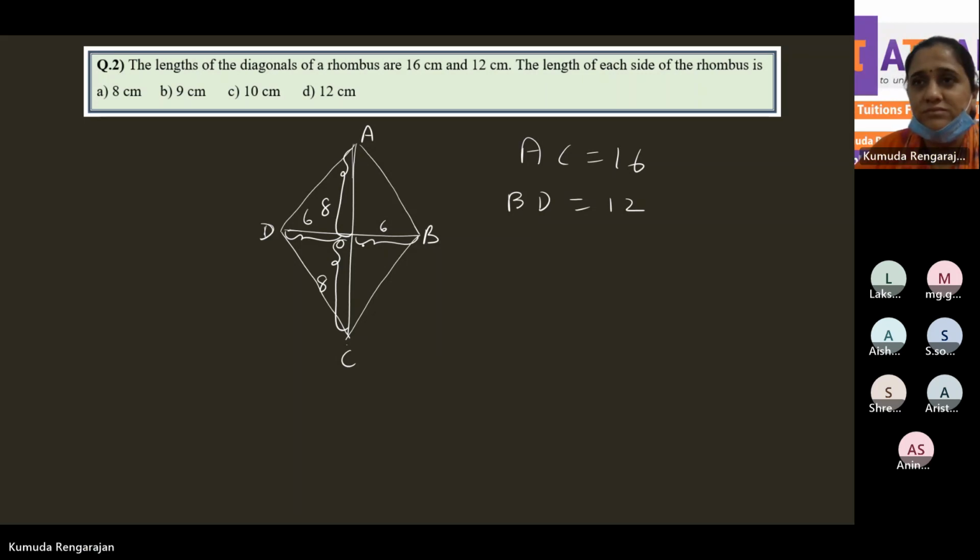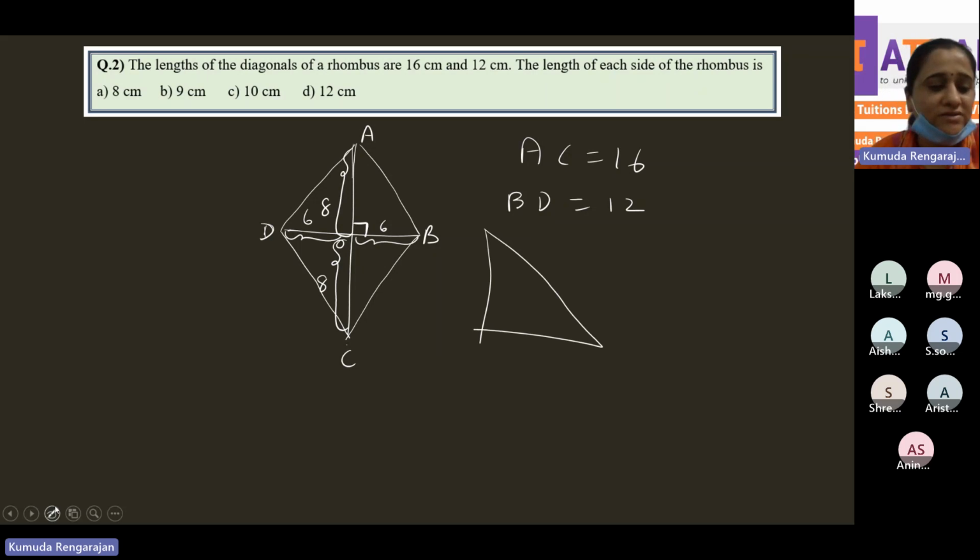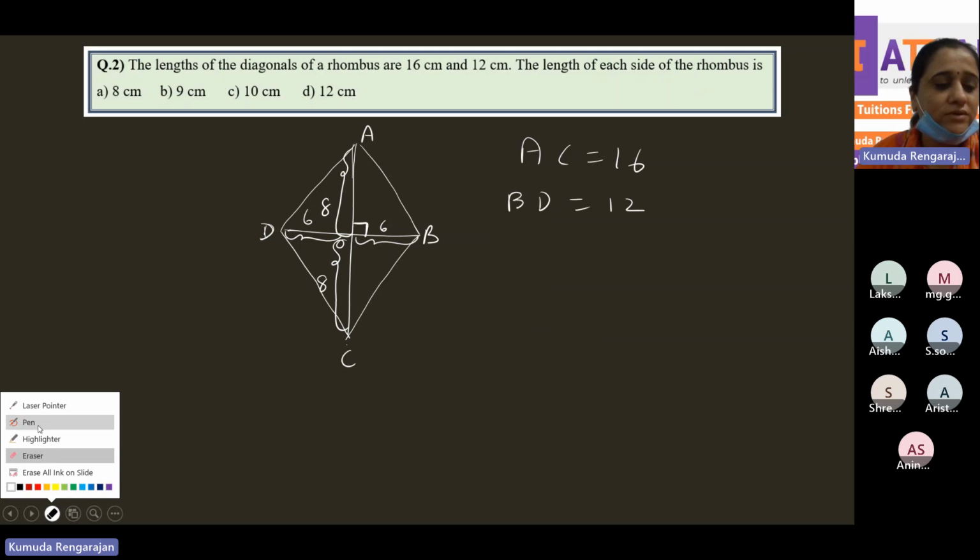Surya, following? Okay. Now we know that the diagonals of a rhombus are perpendicular to each other. So we have a right triangle. In fact, we have 4 right triangles. You can take up any one of them.